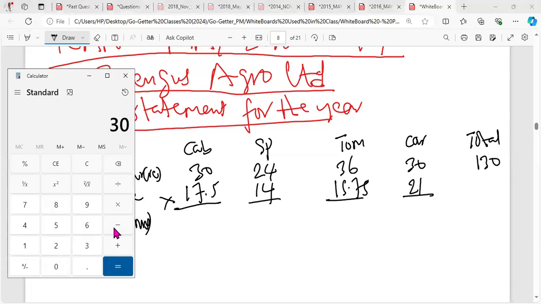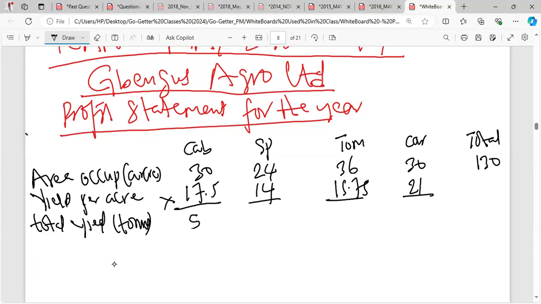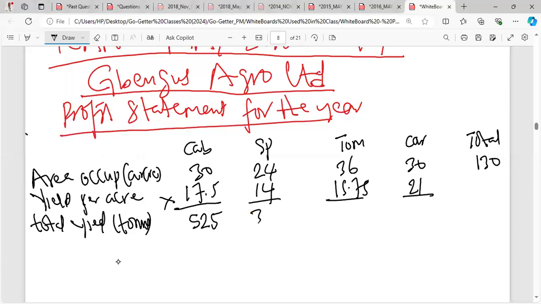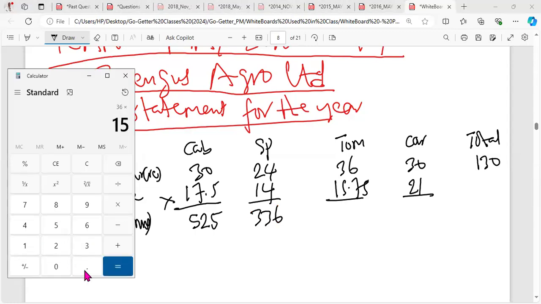We have 30 multiplied by 17.5. That gives me 525. We have 24 multiplied by 14. That gives me 336. Then we have 36 multiplied by 15.75.